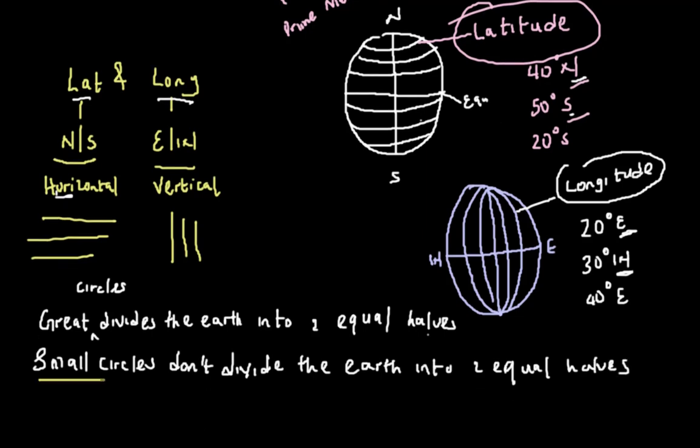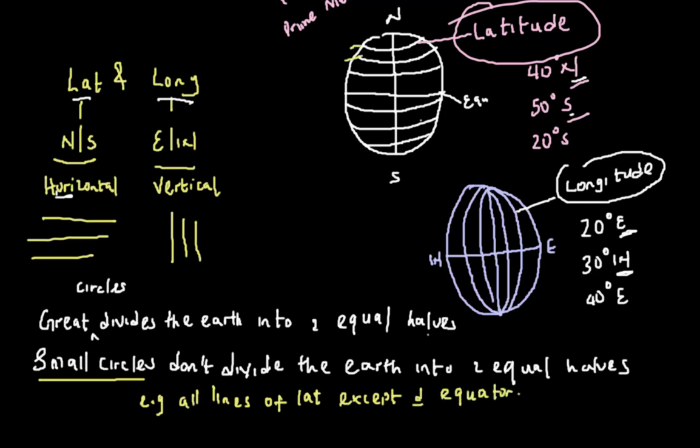Now for small circles, all lines of latitude are small circles except the equator.